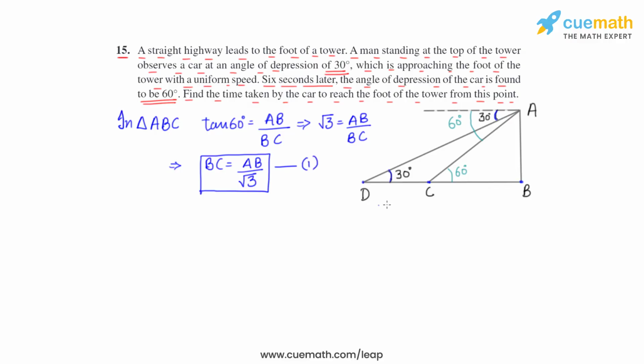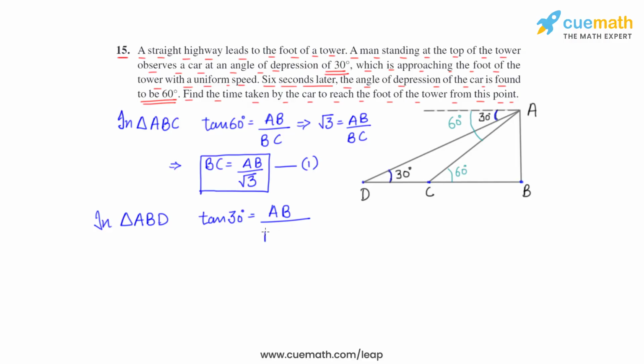Now let's try to find DC. To find DC, first we will find BD. So in triangle ABD, tan 30 degrees is equal to AB by BD, or can we write BD as BC plus CD?